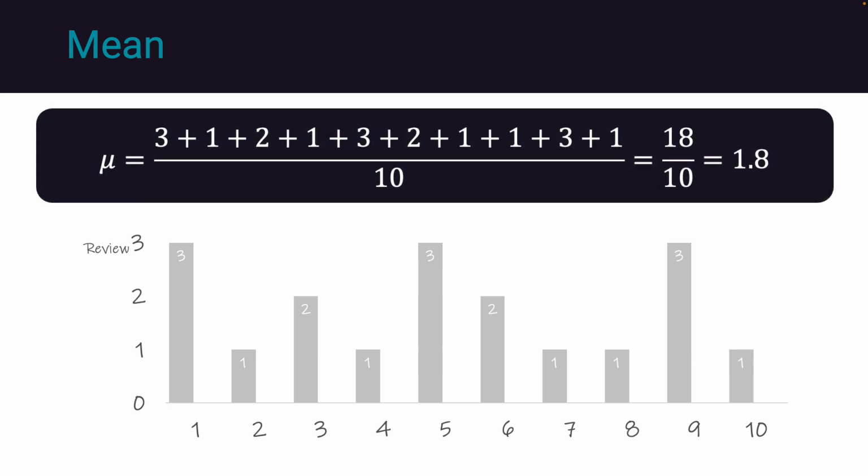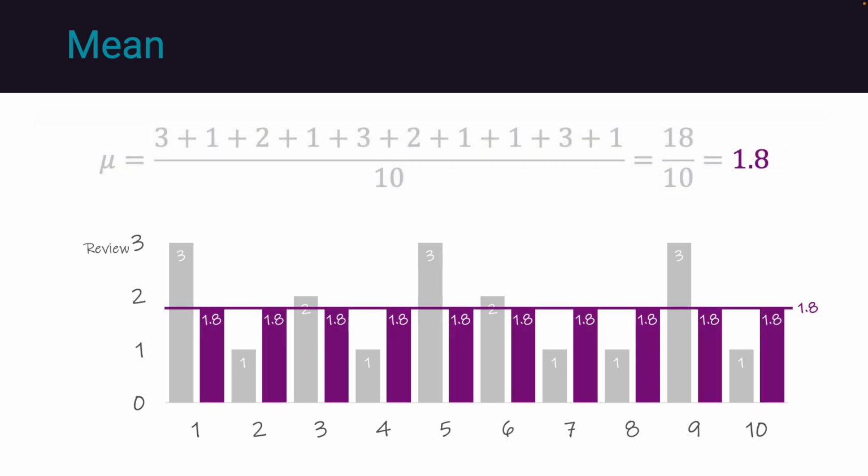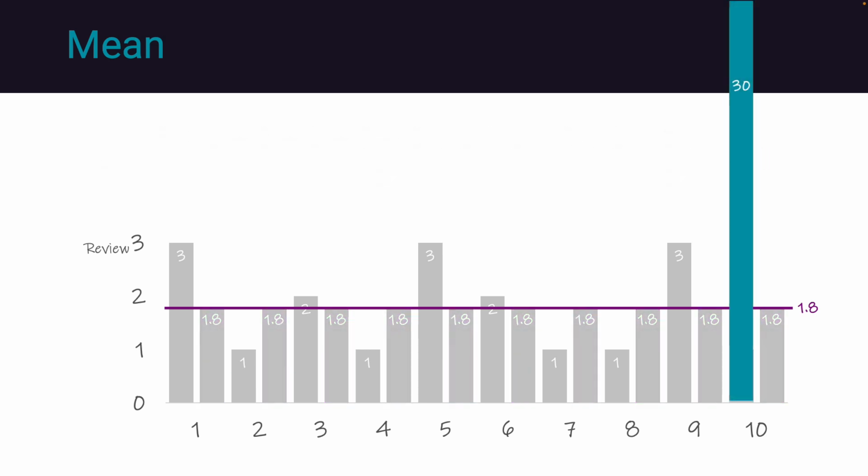In our example, adding the values gives a total of 18, which, divided by the 10 data points, yields an average value of 1.8. In the bar chart, we have included 10 new purple bars with a height of the average. Simply put, the average indicates the score that every customer would provide if they all gave the same rating.